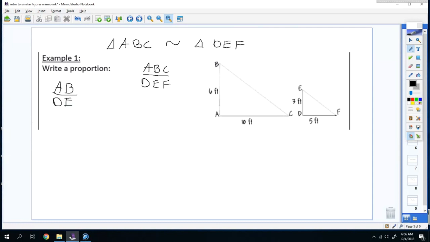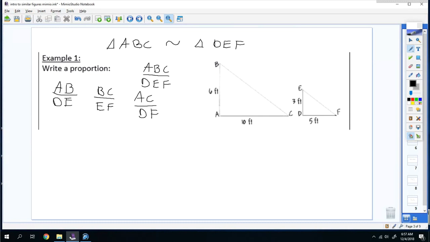The length BC goes with EF. And then AC goes with DF. This helps you figure out what goes with what, because sometimes your shapes will be rotated, so it'll be harder to see which side goes with which side.